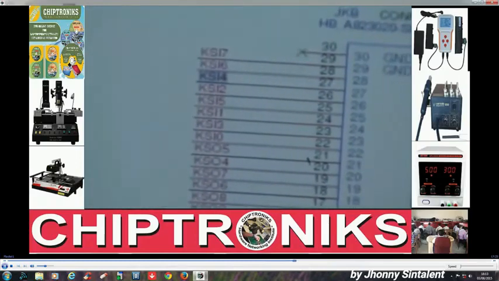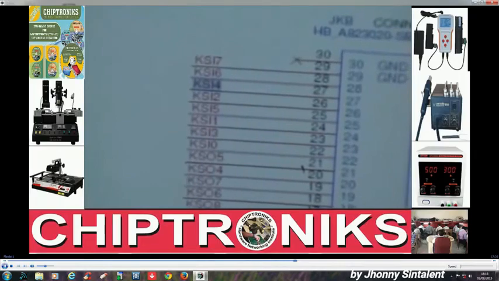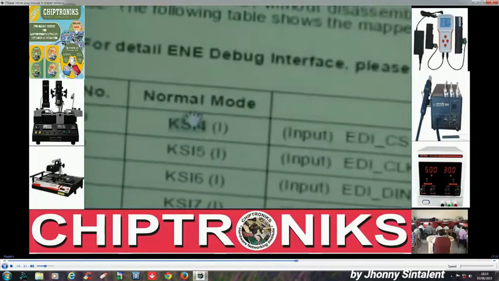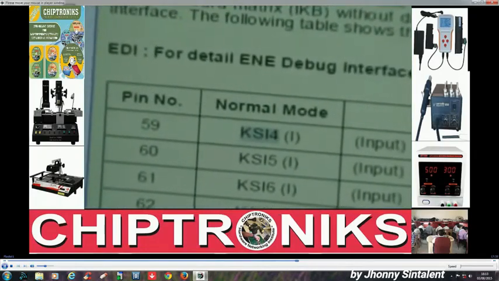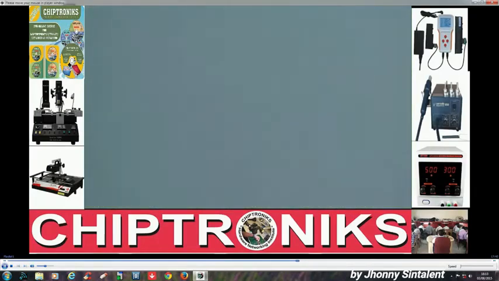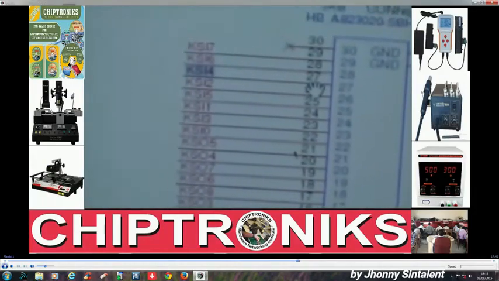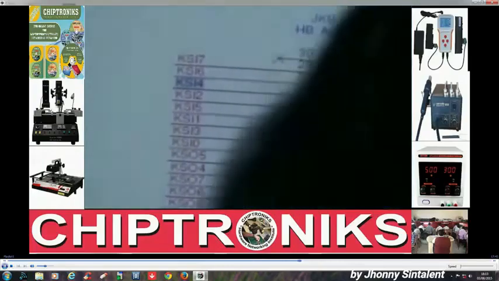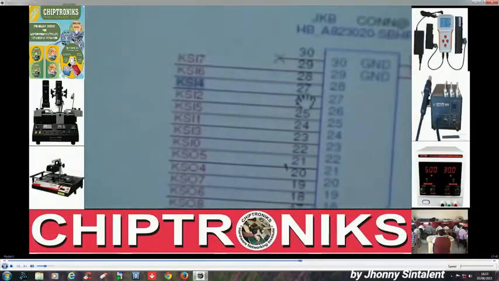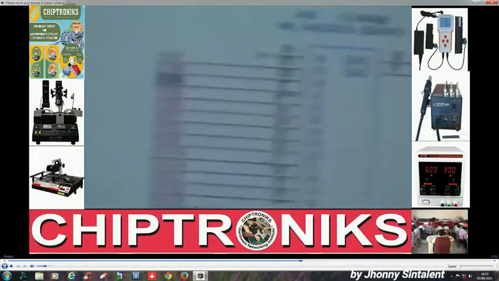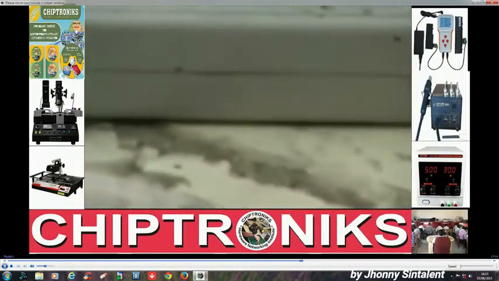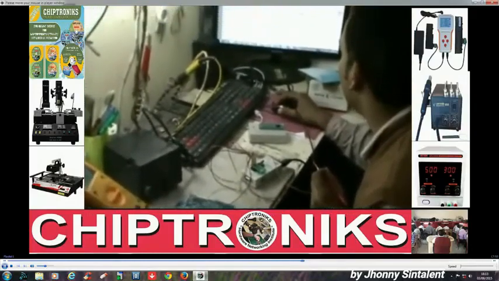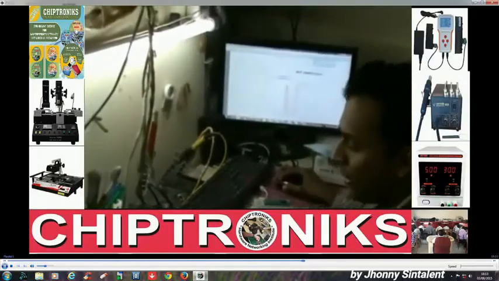So pin number 59 of the IO controller is connected with pin number 27 of the keyboard connector.